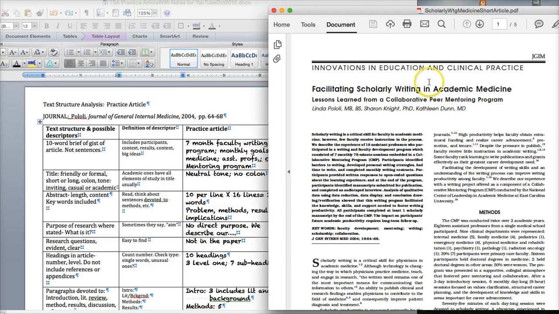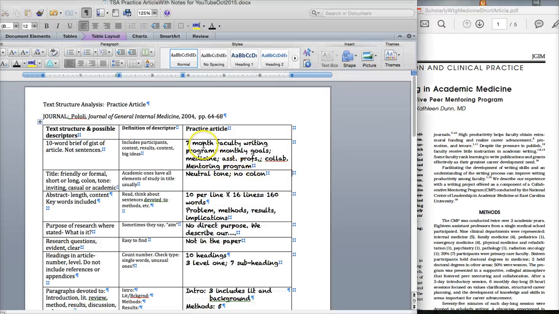So this is about academic writing. It's in medicine. I skimmed the abstract and said it was a mentoring program, 7 months, and it was assistant professors, and it was from a collaborative mentoring program. So that's kind of all you do, just put words there so you have an anchor.